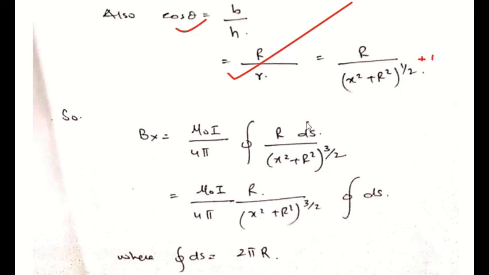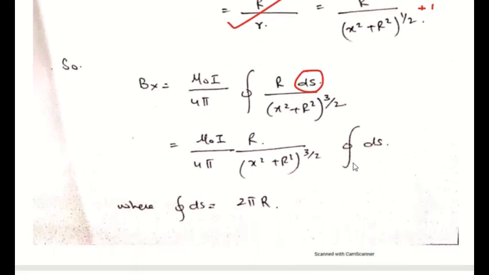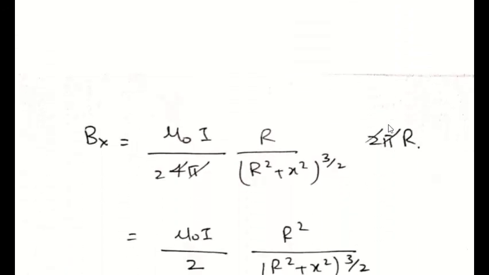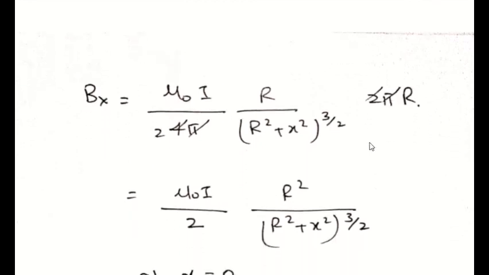So we have to apply this closed integral over ds, and this will give me the circumference of the loop, that is 2 pi capital R. So putting in the value and simplifying it, I'll get mu naught I over 2, R square over R square plus x square to the power 3 by 2.